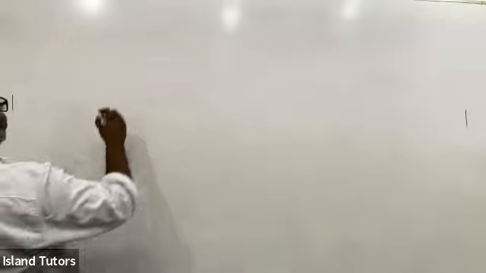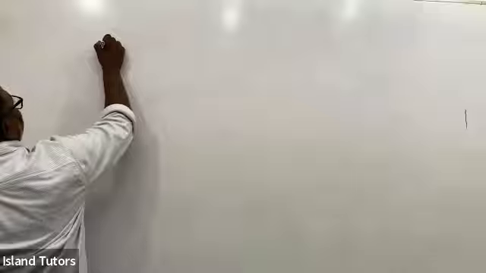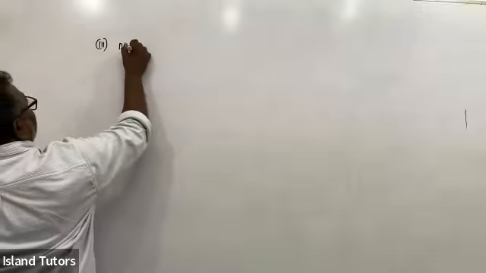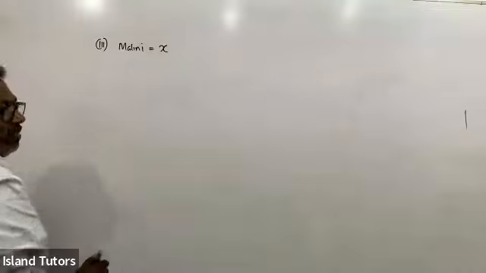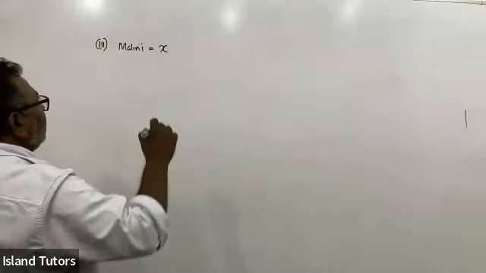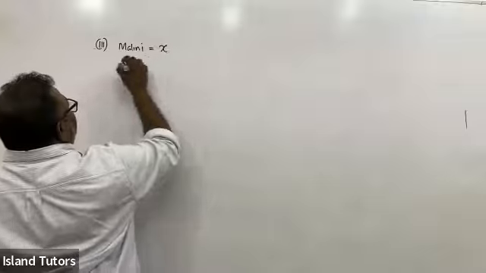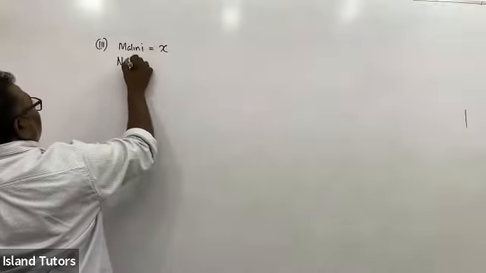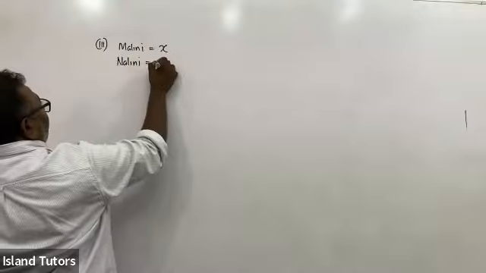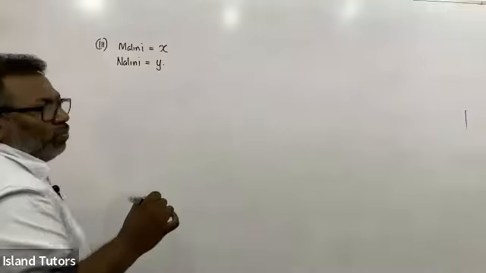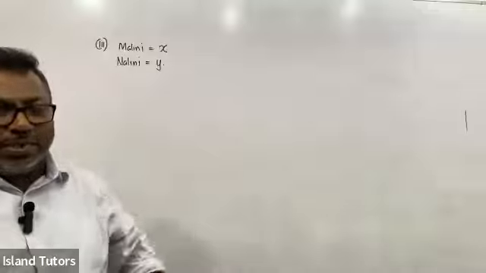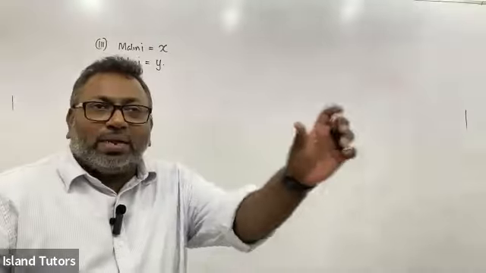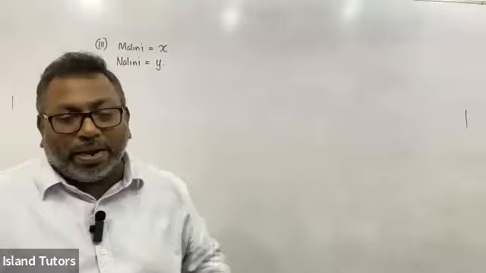Okay. So, question number 3. Malini has got X rupees and Nalini has got Y rupees. So, these are our two amounts of money. Now what we need to do, go back to the question again and break the question into small parts.